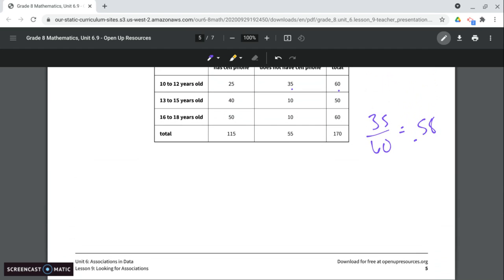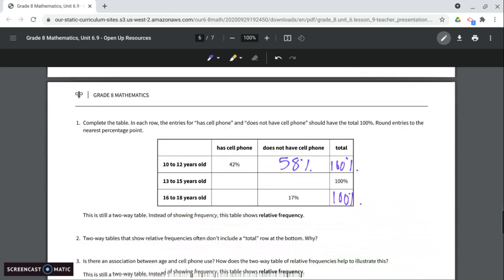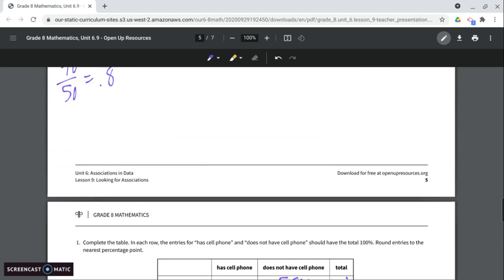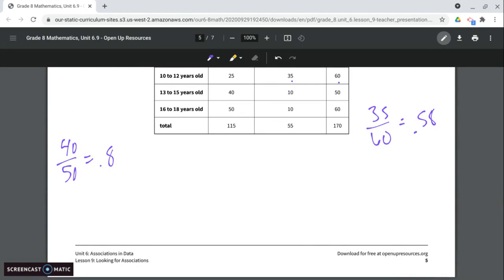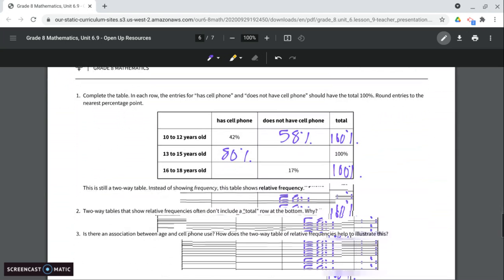We're going to take 40 and divide it by 50. 40 divided by 50 is going to give us 0.8. So 80% of 13 to 15-year-olds have a cell phone. Now we'll take 10 and divide it by 50, which is going to equal 0.2. So 20% don't have a cell phone.